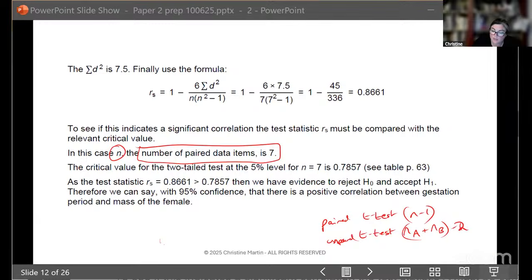And for the degrees of freedom for your chi-squared test, the number of degrees of freedom is 1 less than the number of categories.